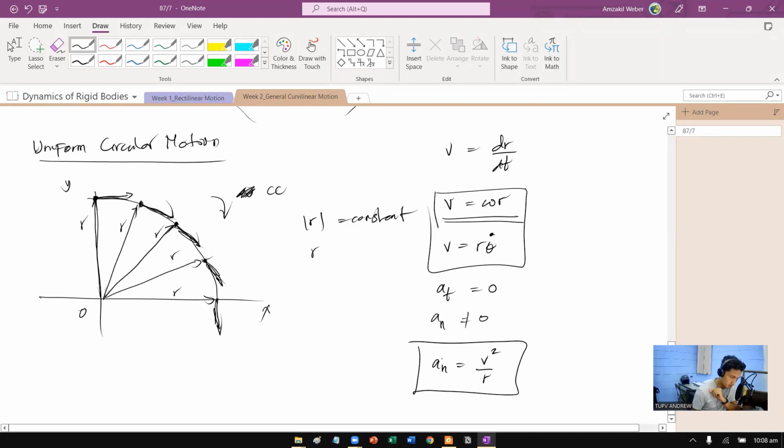If we draw the normal acceleration, I can change the color. The normal acceleration points inward. In this case, the normal acceleration is responsible for constantly changing the path and making it circular motion.